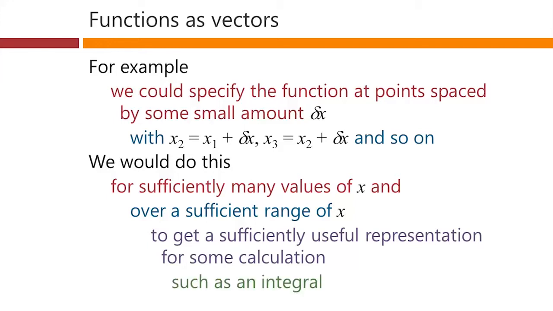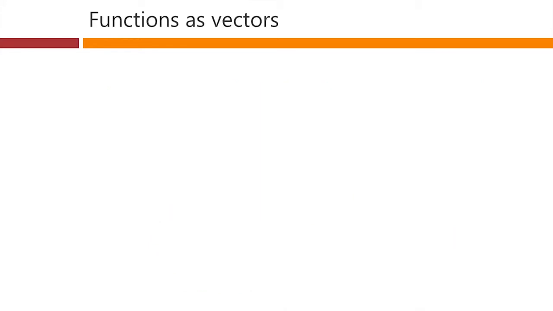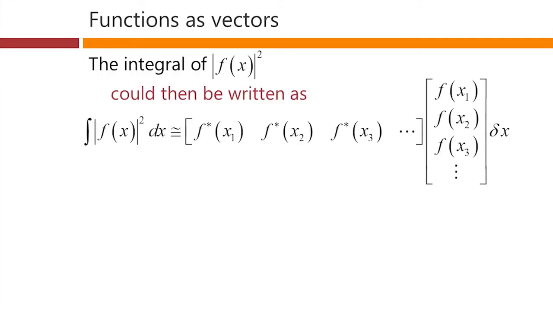And we could use this approach to calculate something like an integral. For example, the integral of the modulus squared of our function f of x, which is a kind of integral we will often want to perform in quantum mechanics, could simply be written then.